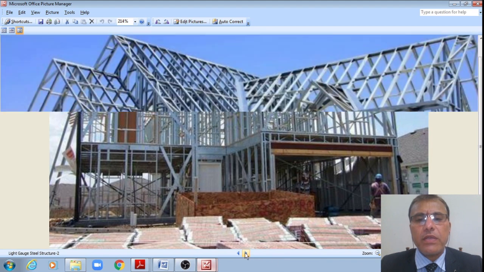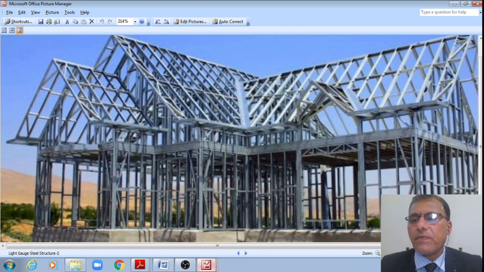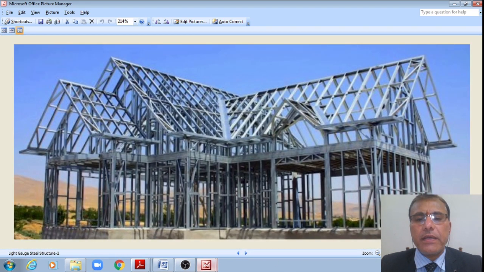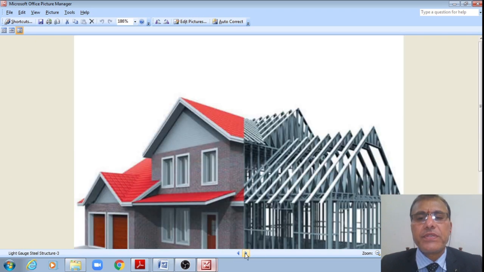Right, now next one, this photograph shows another G+1 storied building, wherein we do have the entire framing ready, so that now we'll attach the wall claddings, so that now the building will be in the finished format like this.